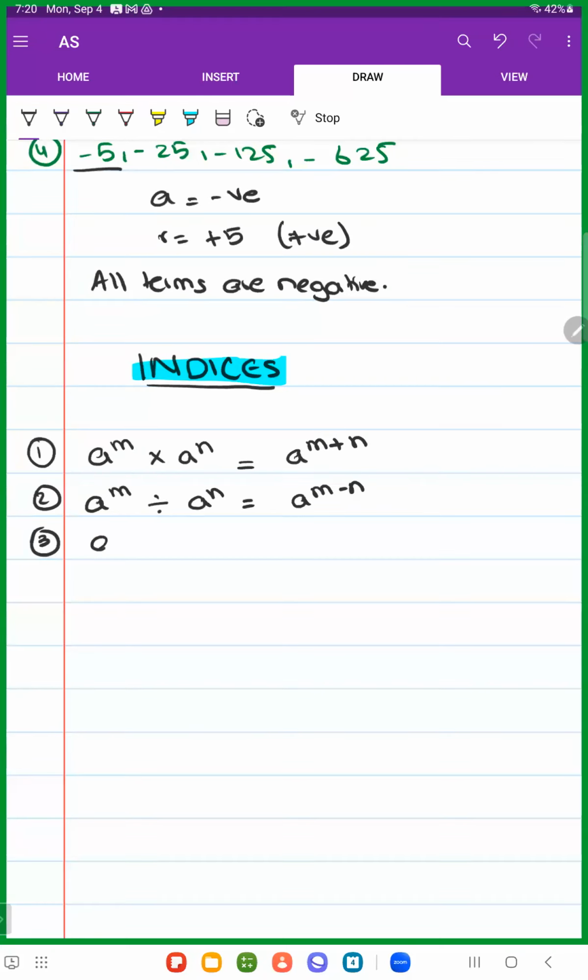So I have a^m into b^m. No, wait, it's a^m into b^m. What will happen here?